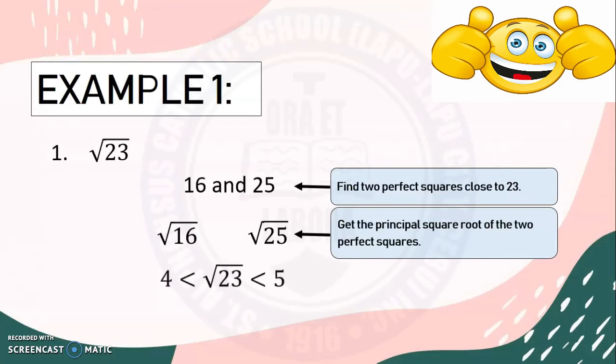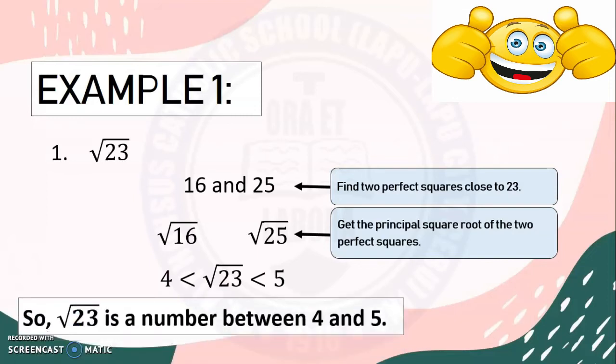So that means 4 and 5. And the square root of 23 can be found between these two integers. So the square root of 23 is a number between 4 and 5.